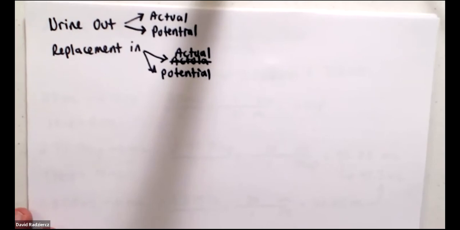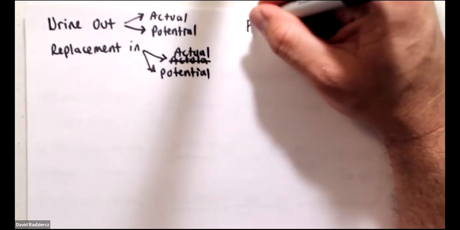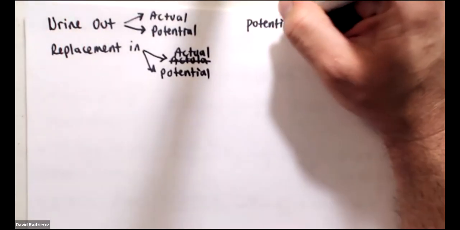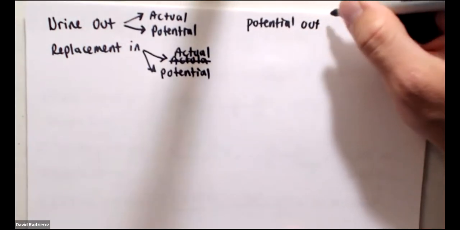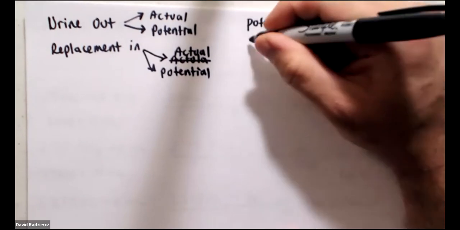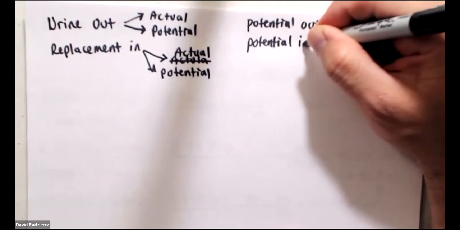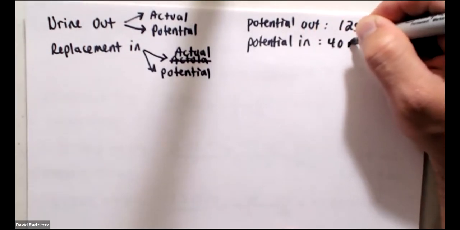I classify these just so you don't get hung up on the details. This isn't usually a question that there are problems with, but I just like to make sure you don't get hung up. As far as potential, usually the potential volumes are given to you. So your potential out for the first problem is 125 milliliters, and your replacement volume, or potential in, is 40 milliliters.